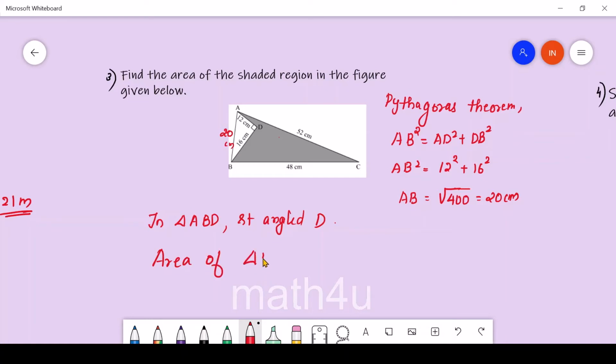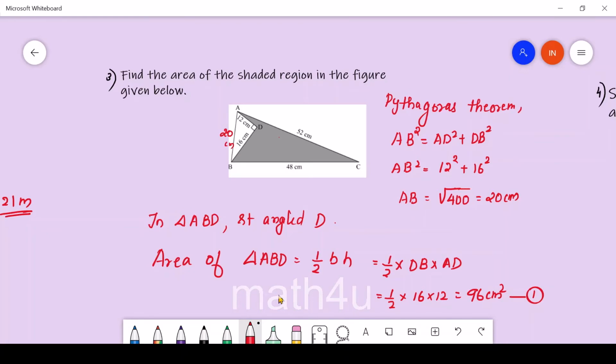Area of triangle ABD we can find out by using the formula half base into height, since it is a right angled triangle. For the other triangle, for triangle ACB, we can apply the Heron's formula. Okay, is that clear? So this will be equal to half into DB into AD. That is equal to half into DB is 16, this is 12, is equal to 96 centimeters square. Let me put it as equation number 1.